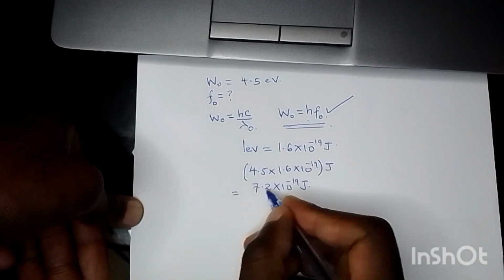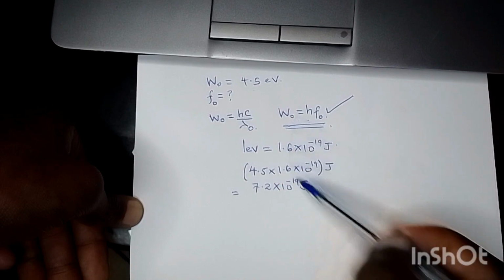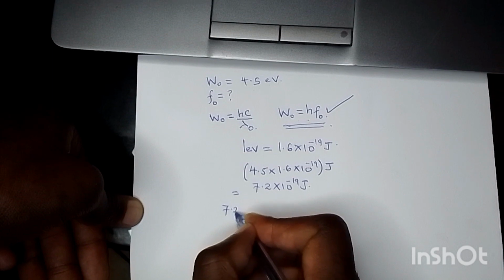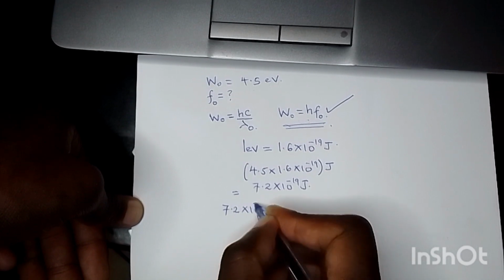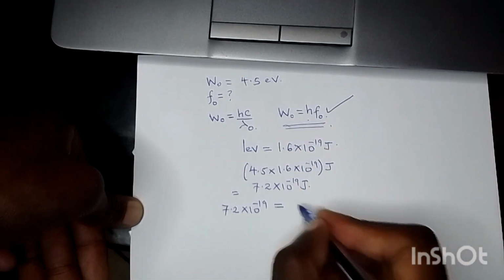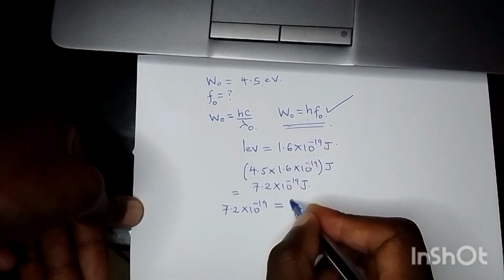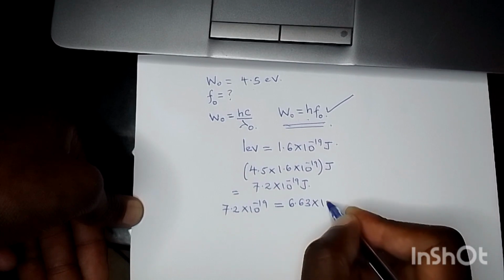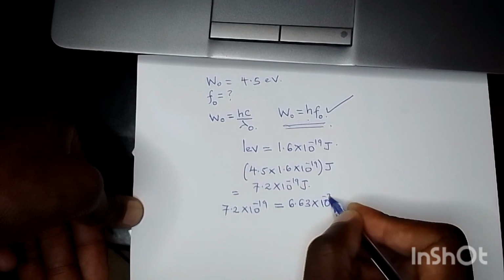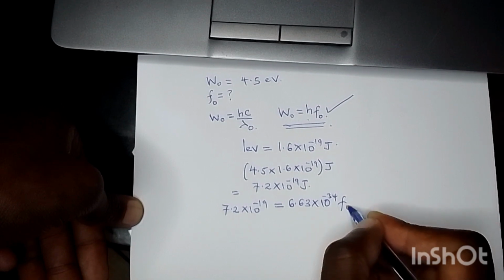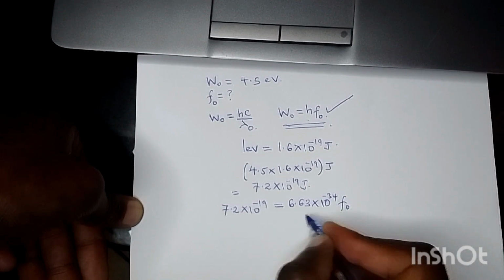So 7.2 now becomes the work function in joules. Substituting, 7.2 times 10 to the power negative 19 is equal to Planck's constant, 6.63 multiplied by 10 to the power negative 34 joule seconds, multiplied by f naught. So I need this f naught.